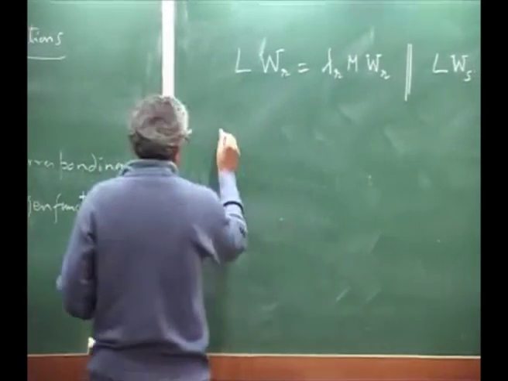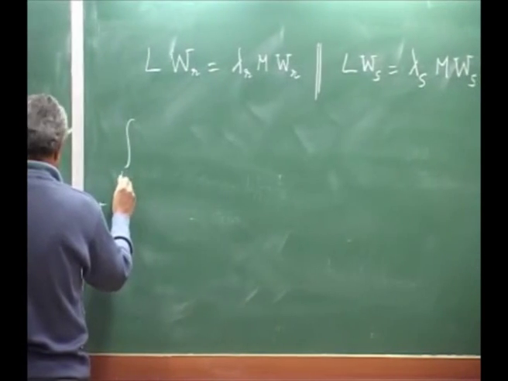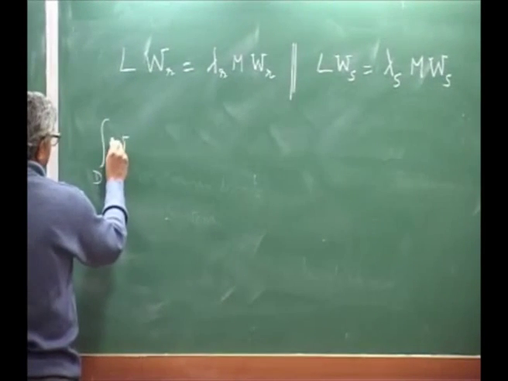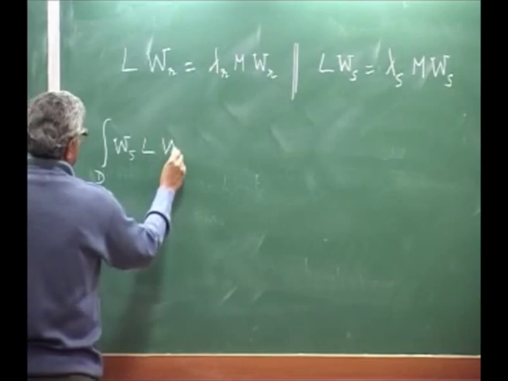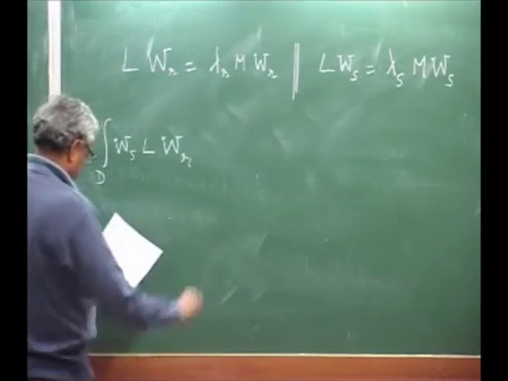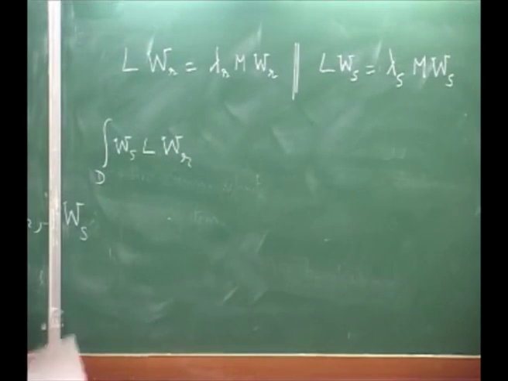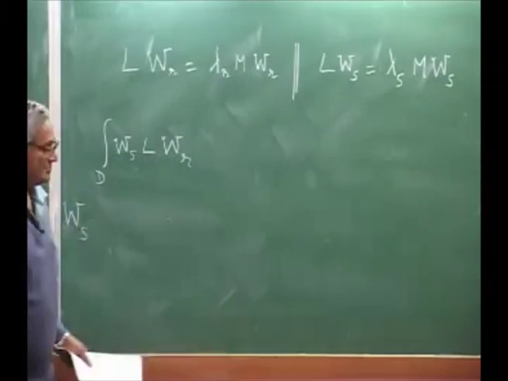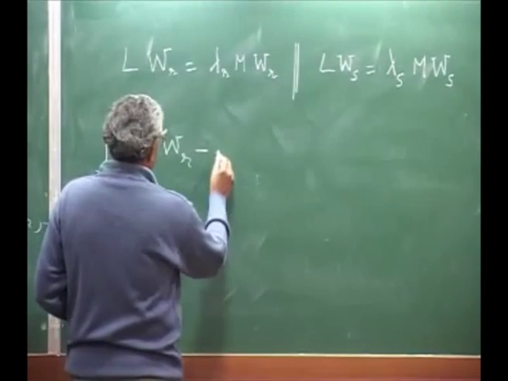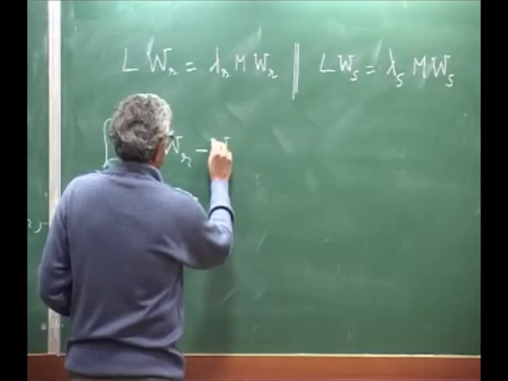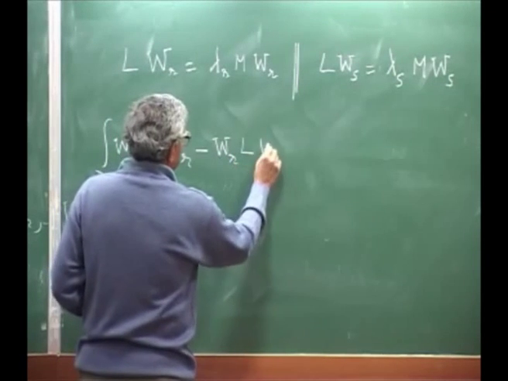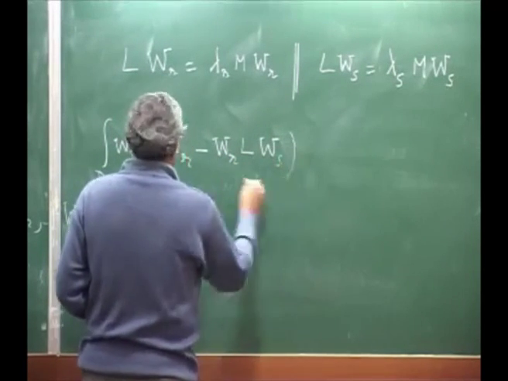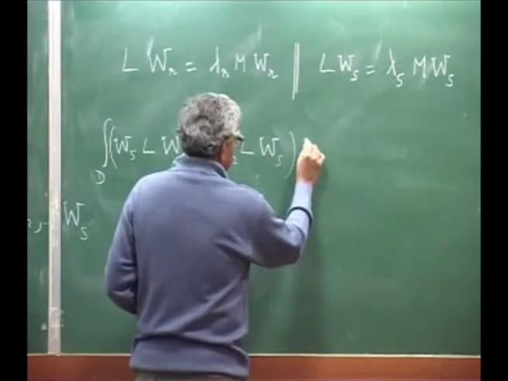So I will do integral over the domain Ws L WR, and then I am subtracting this. So I will put minus WR L WS d domain.